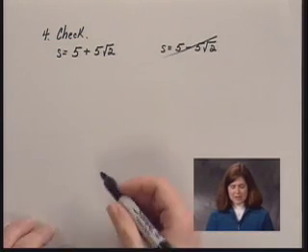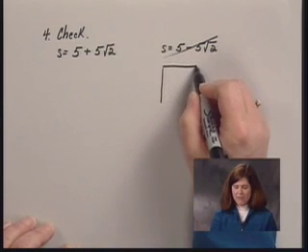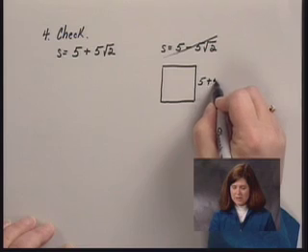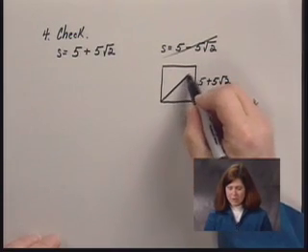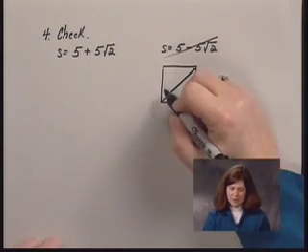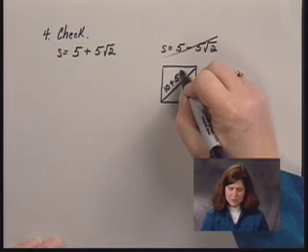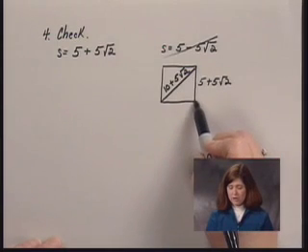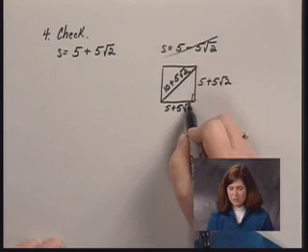Now we need to check this, and to check it, let's draw our square again and just see what we have. We have a square, and the sides are 5 plus 5 times the square root of 2. The diagonal, remember, was 5 more than the side, so the diagonal would be 5 plus this, or 10 plus 5 times the square root of 2. Again, remember we have a right triangle here, and this side would also be 5 plus 5 times the square root of 2.